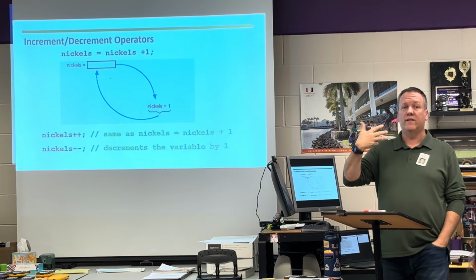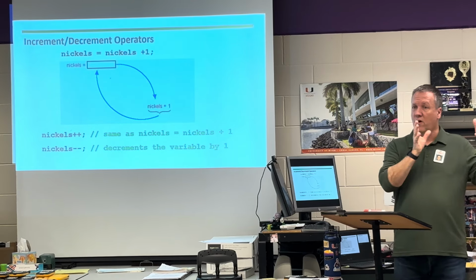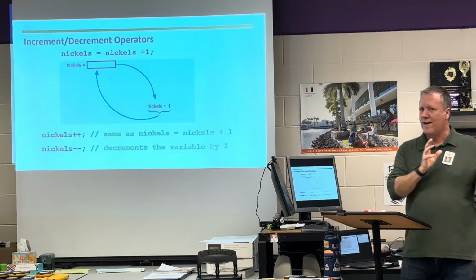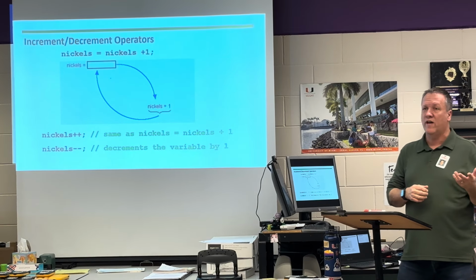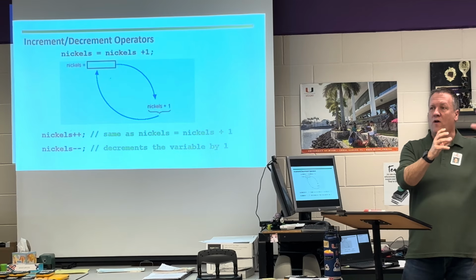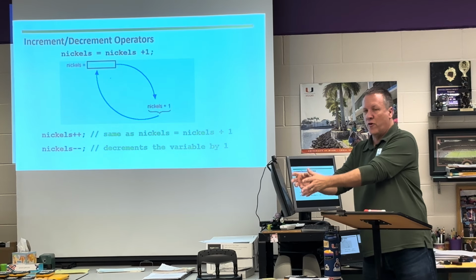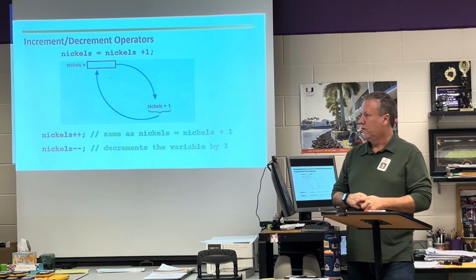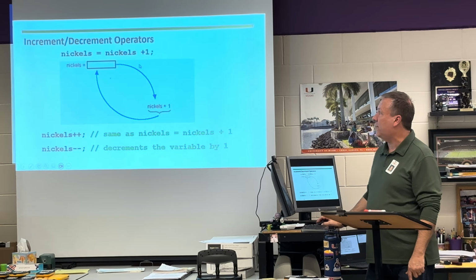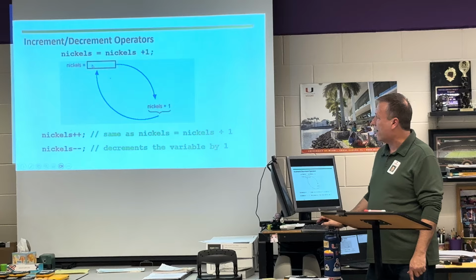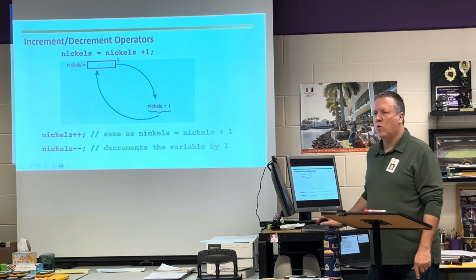It means assignment. So take whatever's on the right hand side, and then put it in the left hand side. So let's say I had 12 nickels. Then what's it going to do? Take the 12, add 1. I now have 13 nickels in nickels. So that's how we add 1. And basically what it does is to that memory location, it adds 1 to it, stores the result back in that memory location. It's so common.